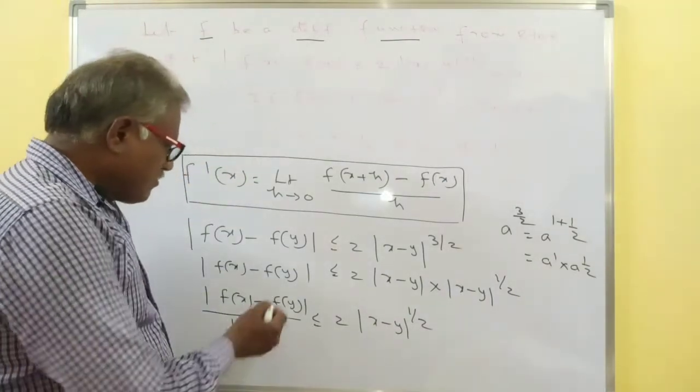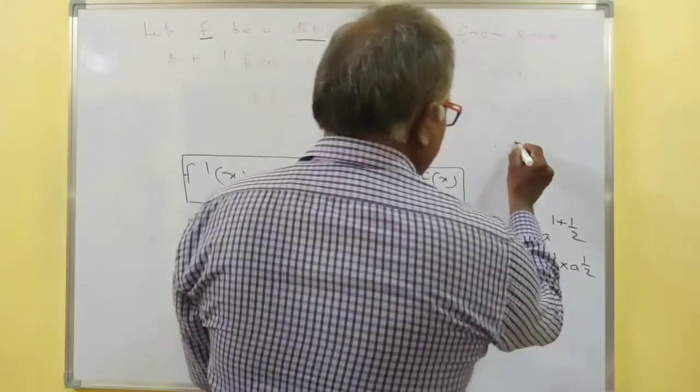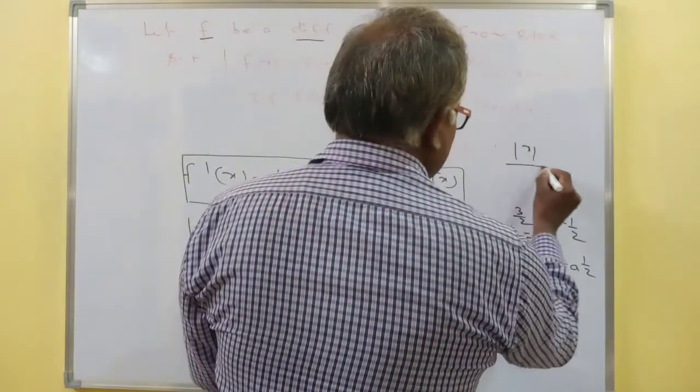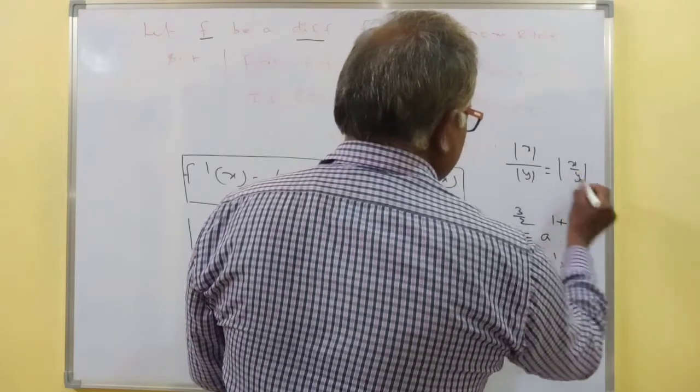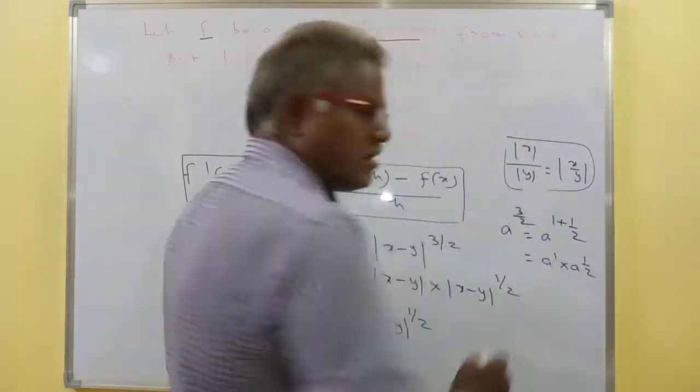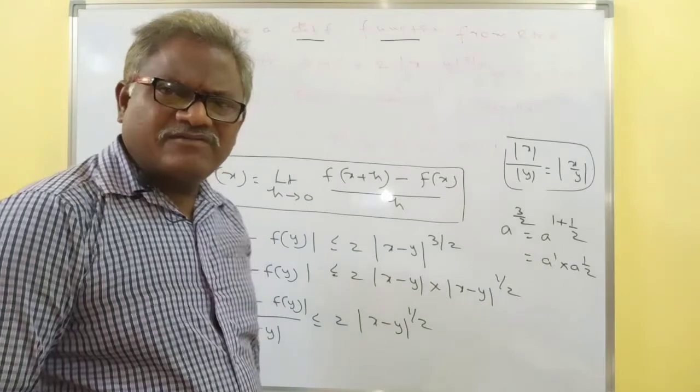Now, mod a by mod b: suppose mod x by mod y, this you can write as mod x divided by mod y is equal to mod of x by y.